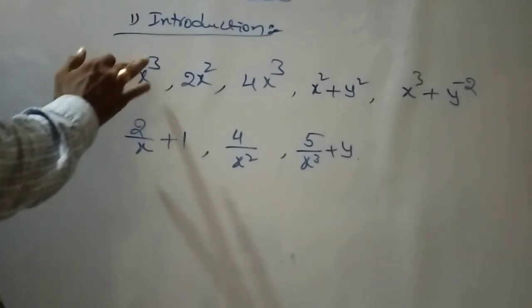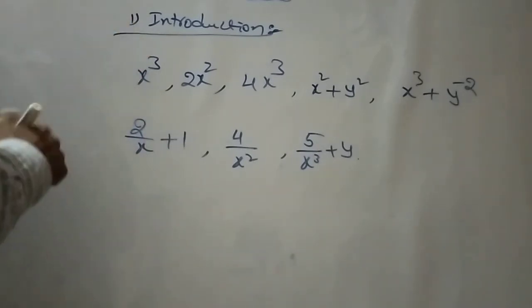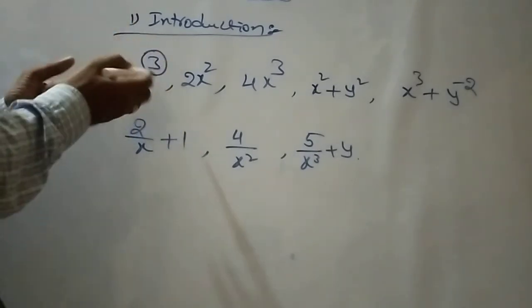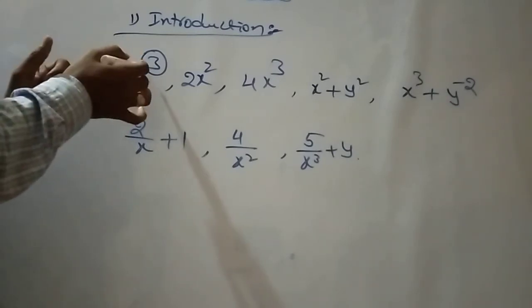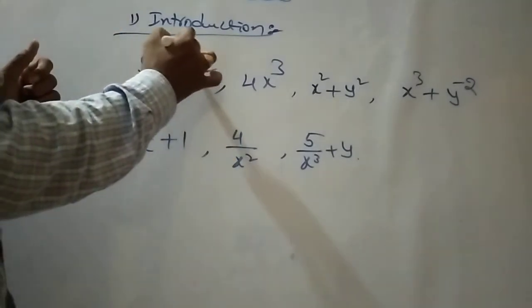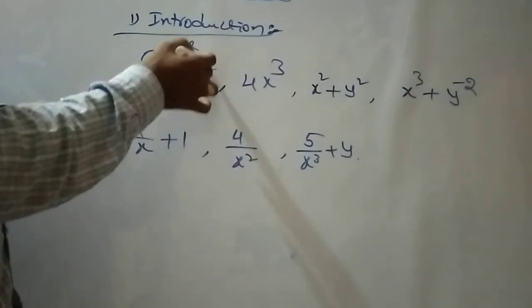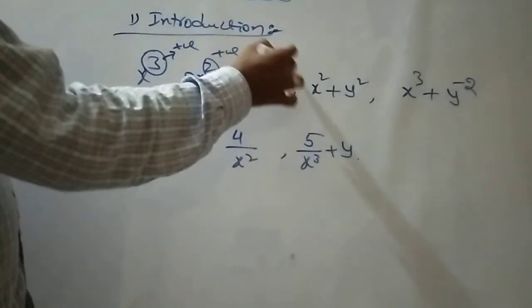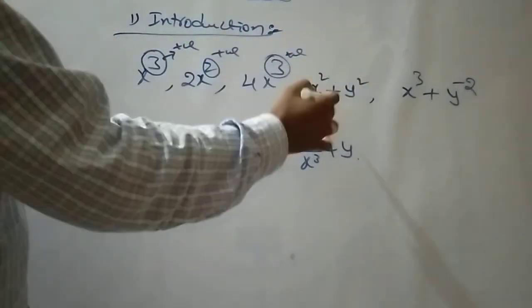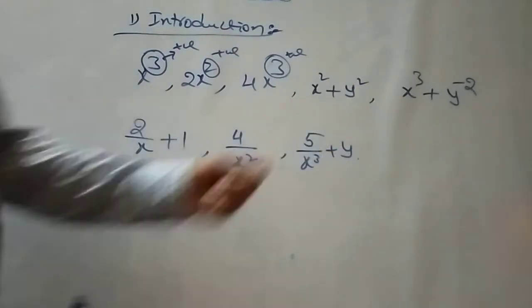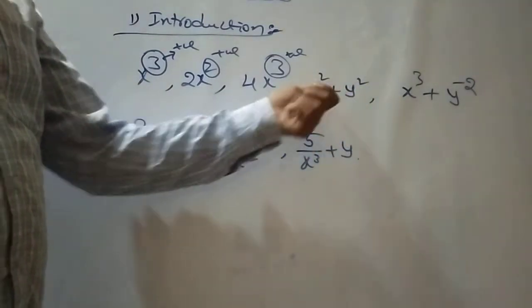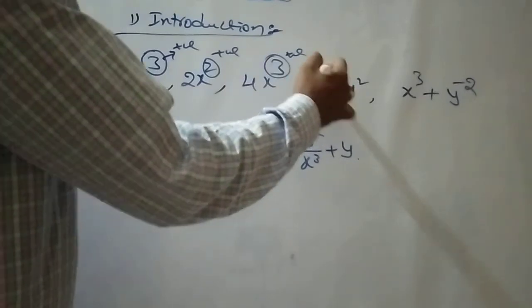First one is what? X power 3. Here what is the exponent? The exponent of x is 3. This is a positive integer. The next term is also positive. In the next example we have two terms, and both terms have positive exponents.